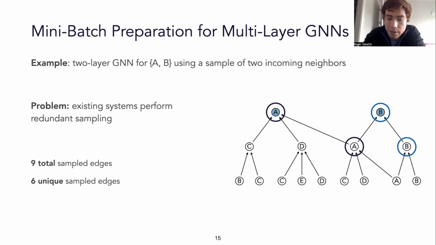And even if we had sampled different neighbors for node A, for example, the second time around, chances are some of them would still have been redundant. So ultimately, to construct this multi-hop neighborhood, we performed 6 total single-hop sampling calls, leading to 9 total sampled edges, not counting the self edges, but only 6 of these sampled edges were actually unique in this case.